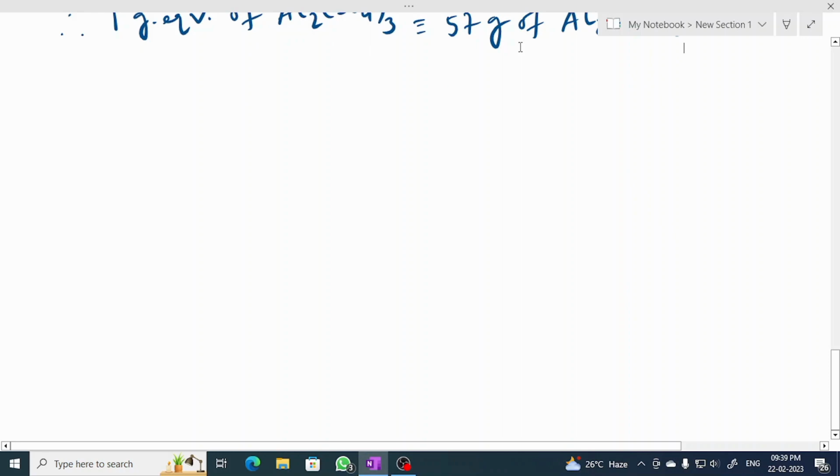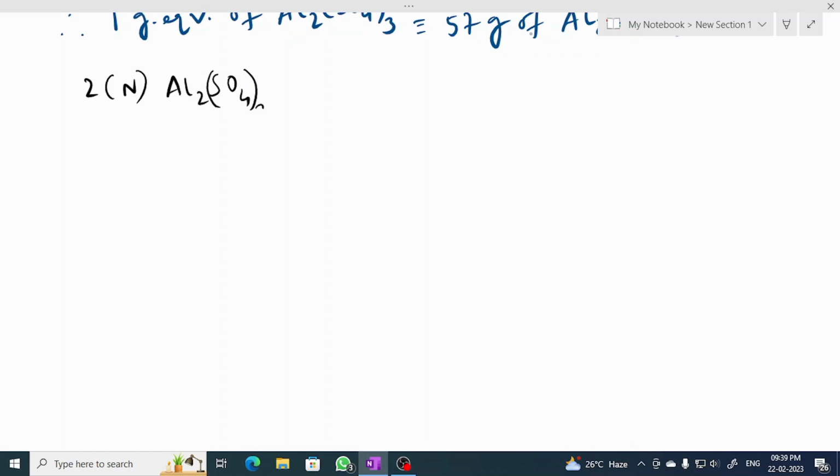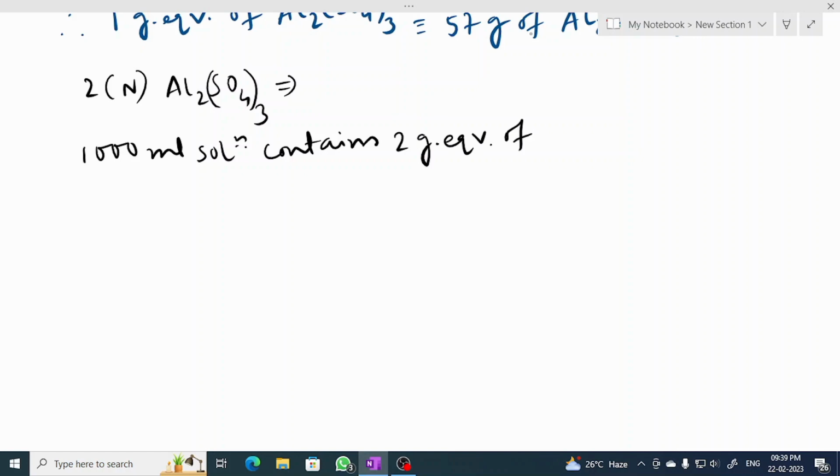Now, what do you mean by 2 normal aluminum sulfate? It means that 1000 ml solution contains 2 gram equivalent of aluminum sulfate.